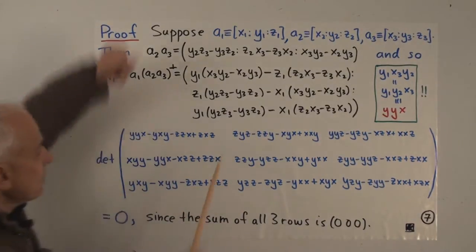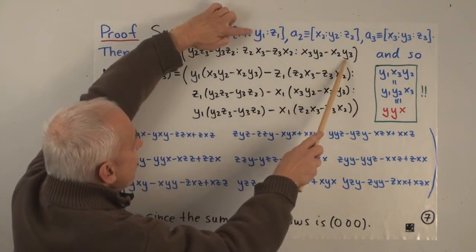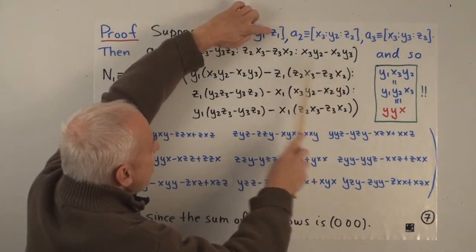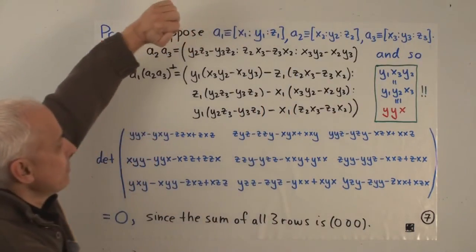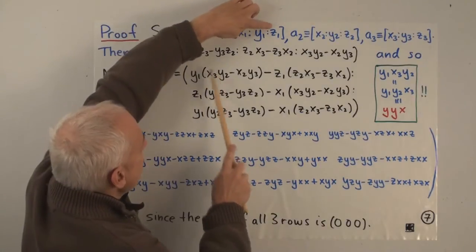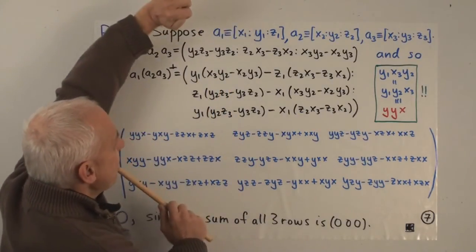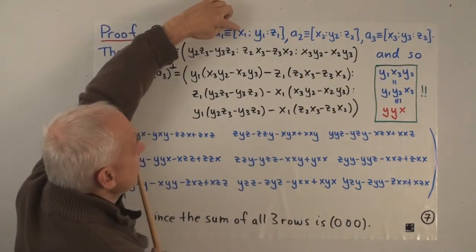Let's do it. So it's y1 times this quantity here minus z1 times this quantity here. That's the first coordinate. The second coordinate, which is down in this next line, is z1 times this quantity minus x1 times this quantity.